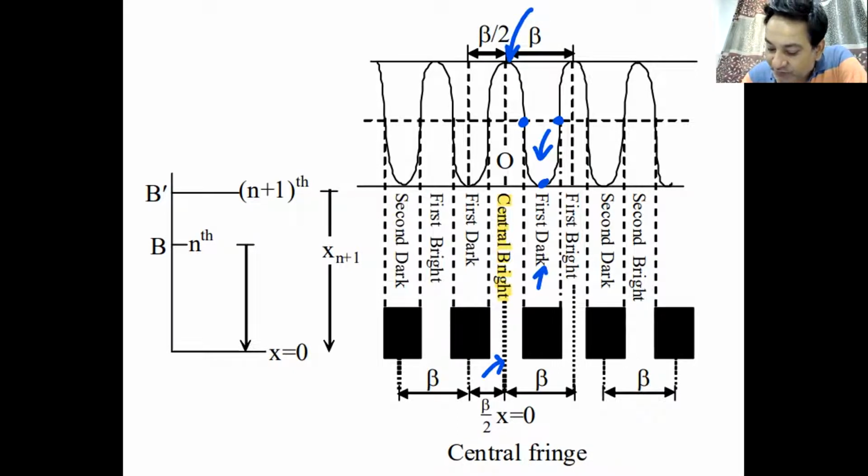From this point to this point, in the middle we have the dark fringe. This width is the width of the first dark fringe. Do we understand this?